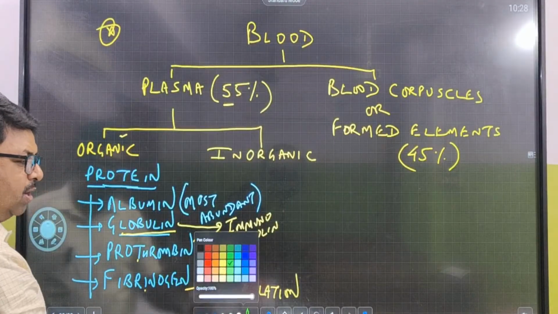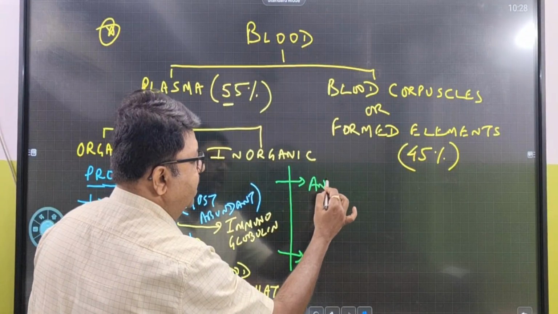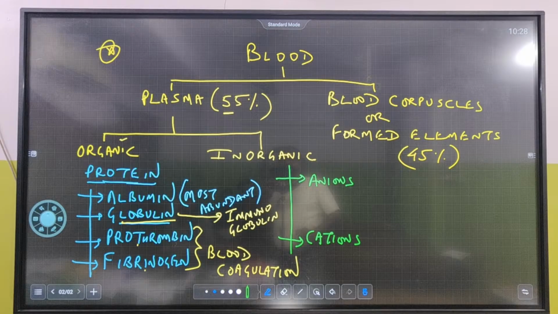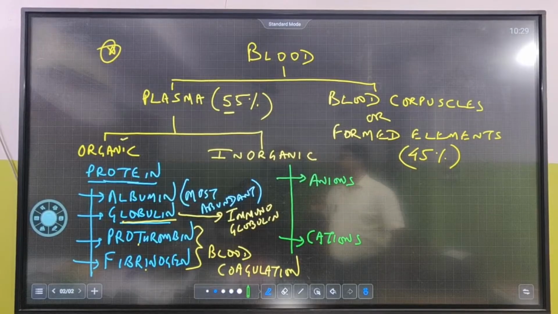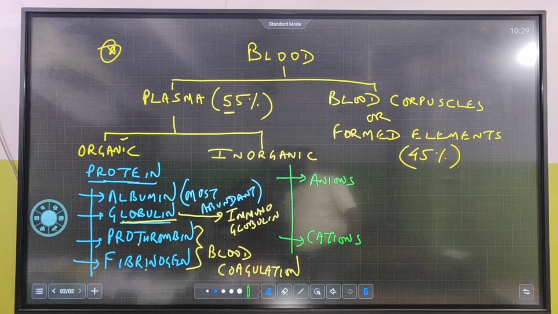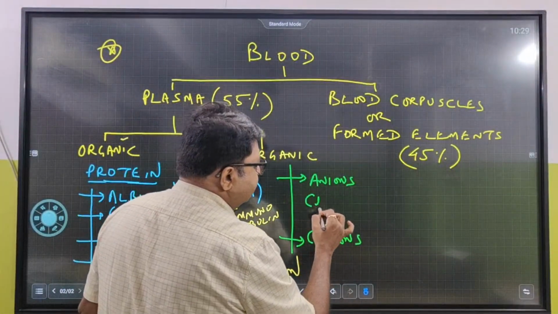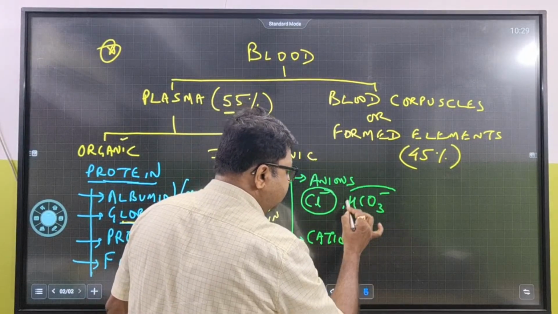When we talk about the inorganic portion, we can classify it into two: anions and cations. When we talk about anions, they are Cl minus, that is chloride ions, and bicarbonate ions, HCO3 minus.